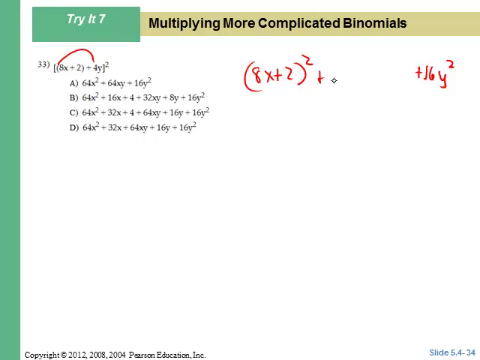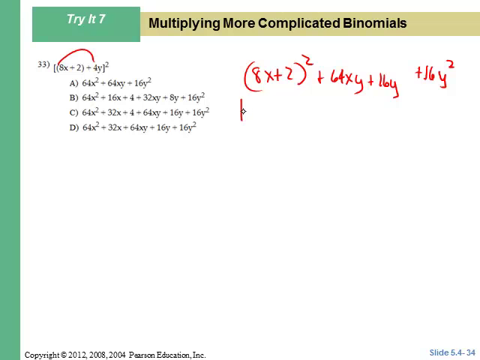So plus 8 times 2 times 4 is 64xy, and then plus 2 times 2 times 4 is 16y. Yeah, that looks good. Okay, now we have to square out this.